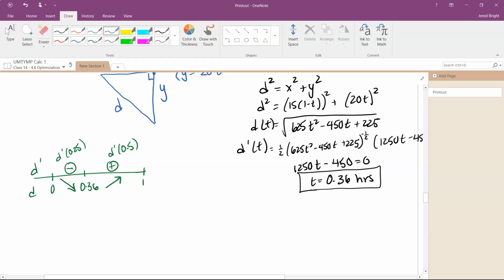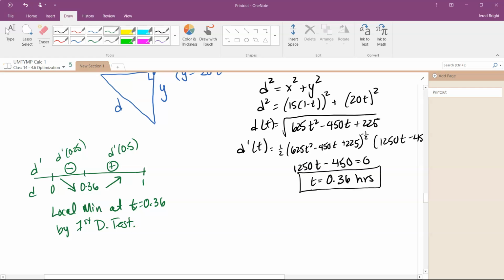Because of this behavior, I'm going to say yes, there is a local min at t equal to 0.36 by the first derivative test.